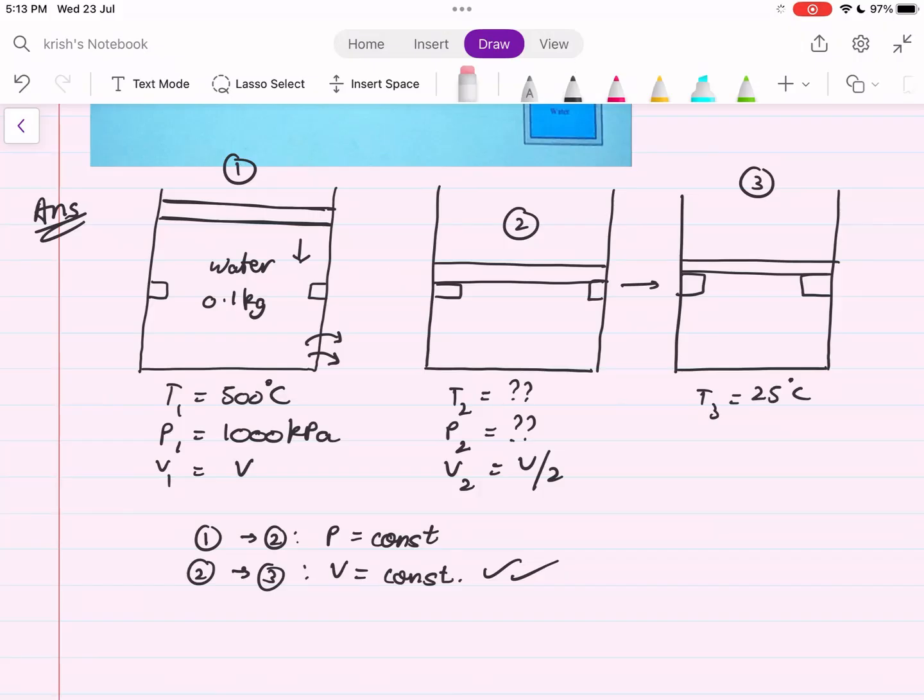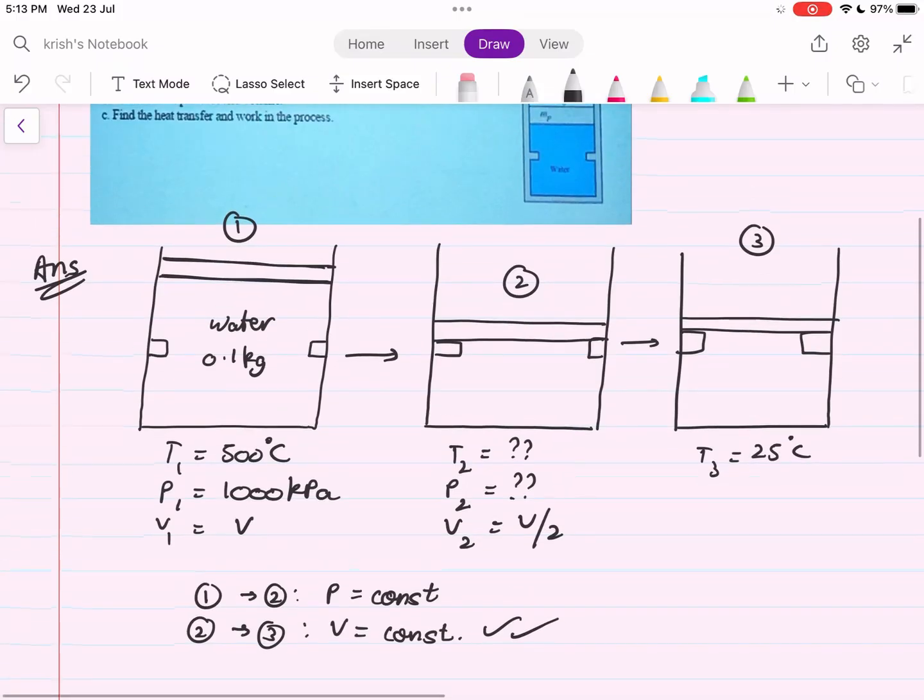Again, the water inside the container will lose some energy, then the piston will be forced down by the atmospheric pressure. Since the atmospheric pressure is constant, we can say that 1 to 2 is happening against a constant pressure.